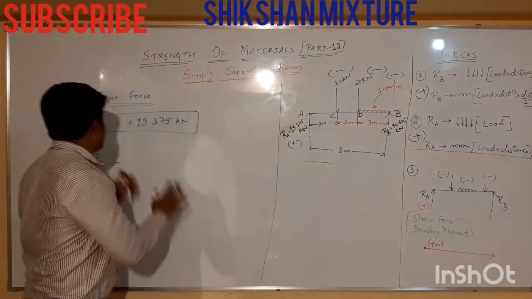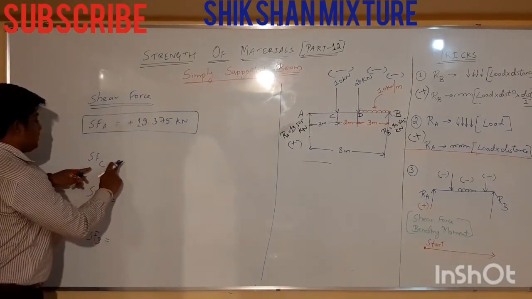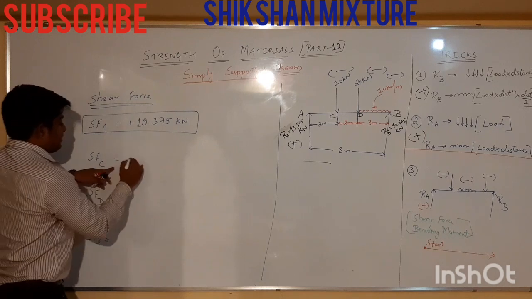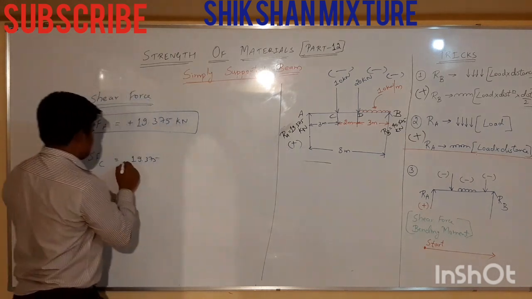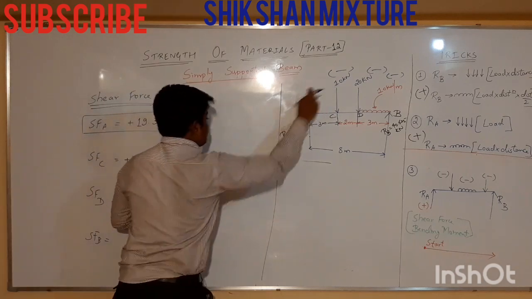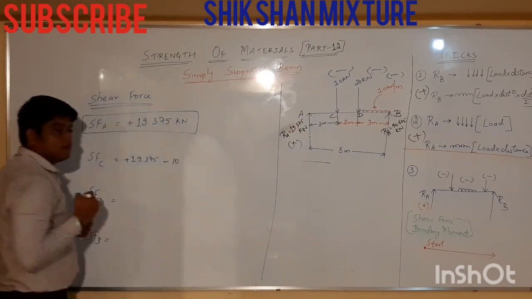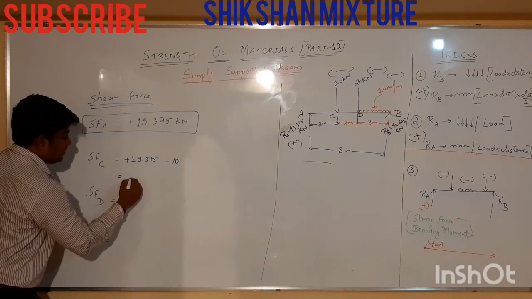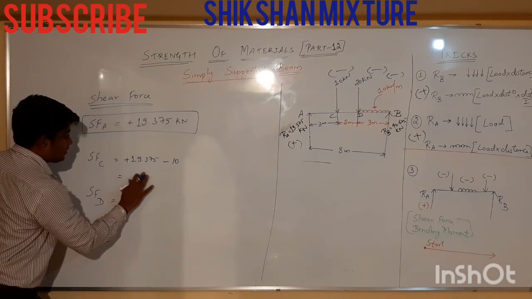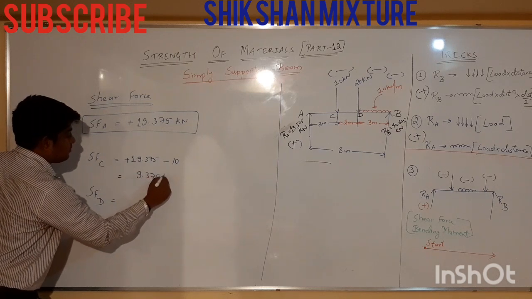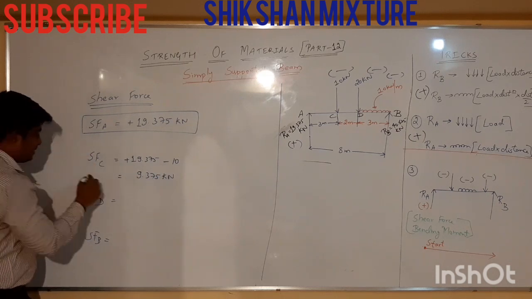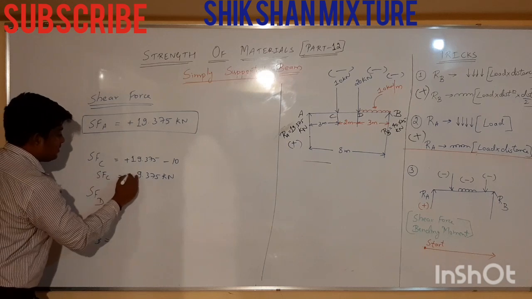Apply the tricks now because I am finding the shear force. 19.375 plus, and this is minus 10. Fine. The answer will be 9.375 kilonewton. Fine. SF at C.